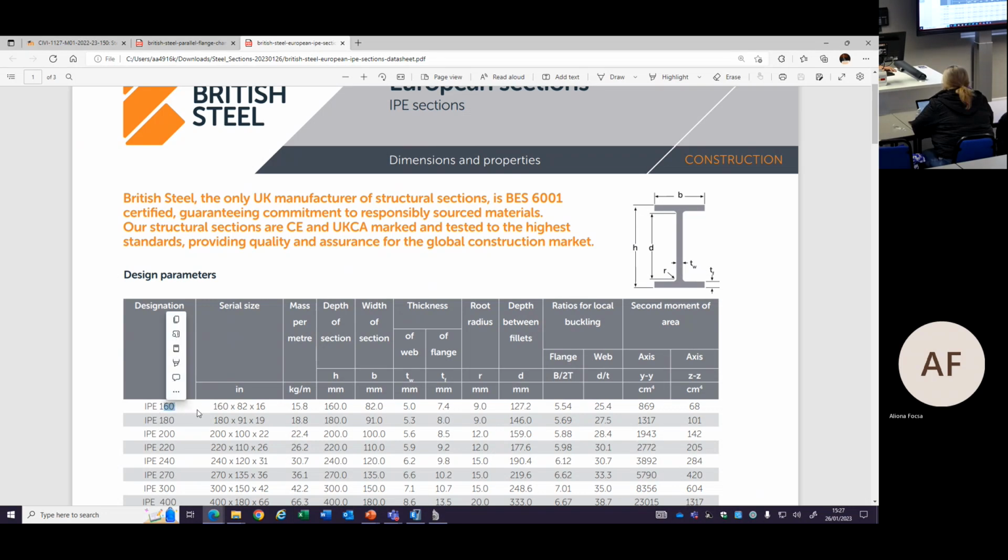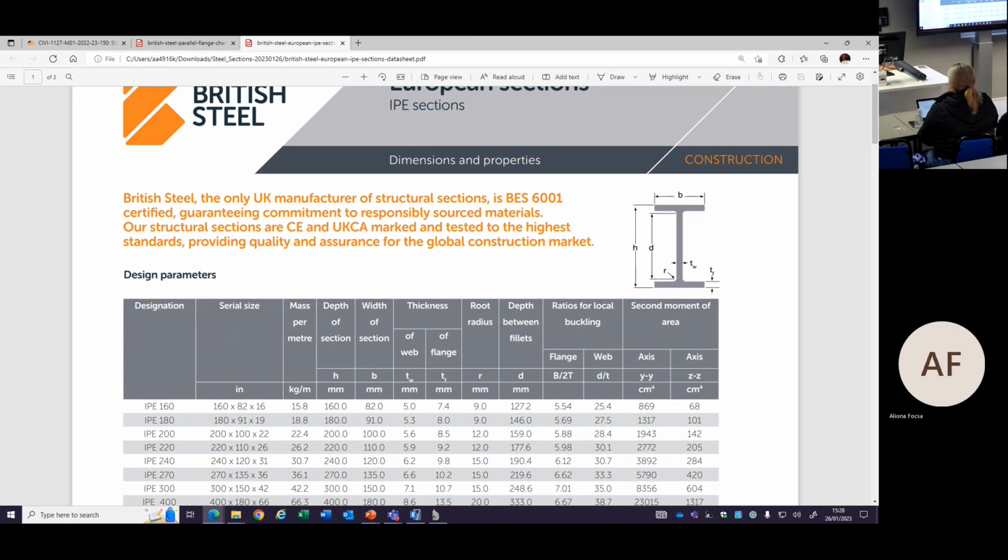This 160 stands for the H. We call it IPE 160. So the height is 160. And you have B, TW, TF, R, and D, all the parameters defined on the shape.